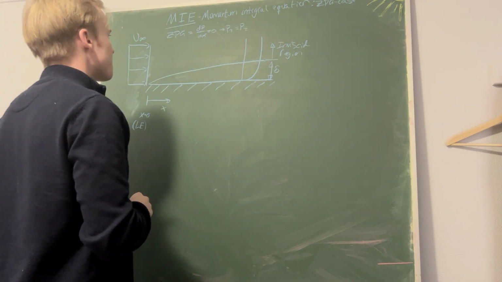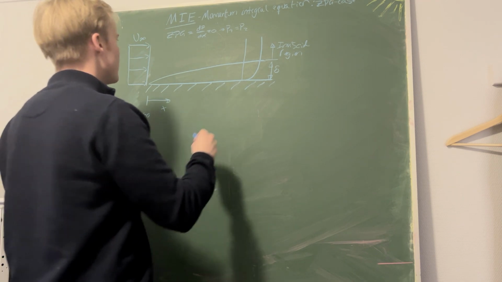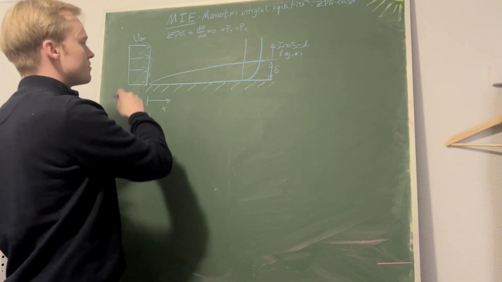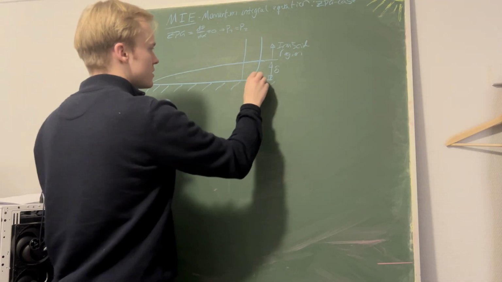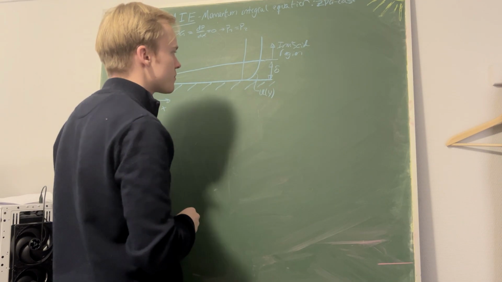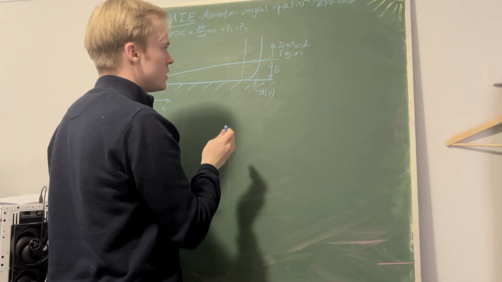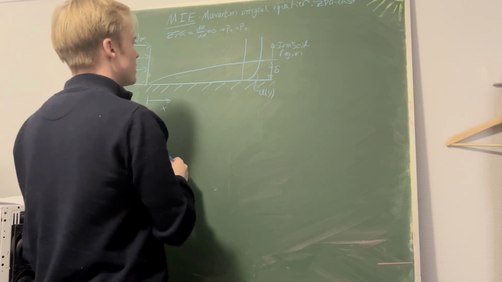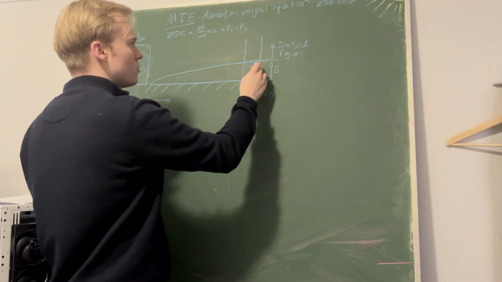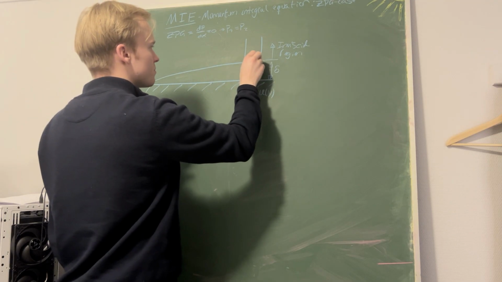Okay, so then we have our free stream here. This is our U infinity. This right here is U as a function of y, because it's a parabolic shape, and it evolves as we go with the distance of x. And over the boundary layer we have the free stream.